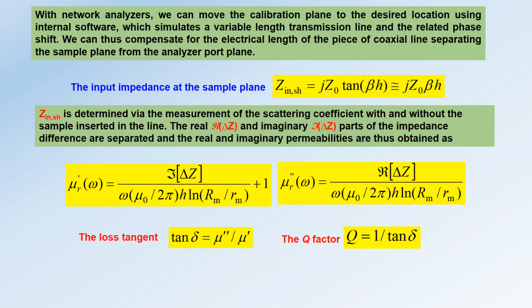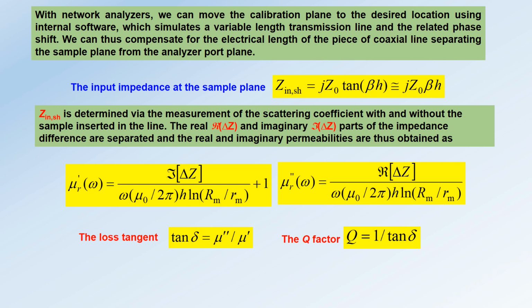The input impedance is determined via the measurement of the scattering coefficient with and without the sample inserted in the line. The real and imaginary parts of the impedance difference are separated, and the real and imaginary permeabilities are thus obtained as expressed in the two yellow boxes.